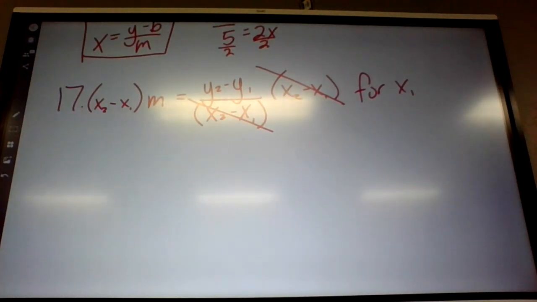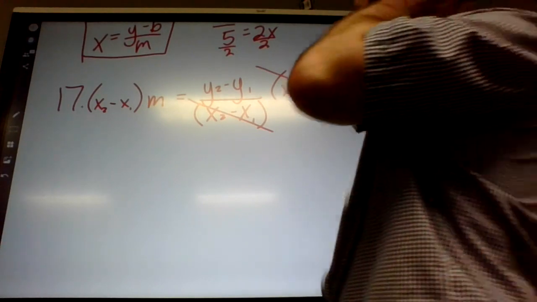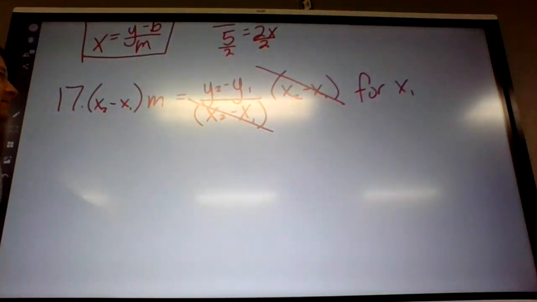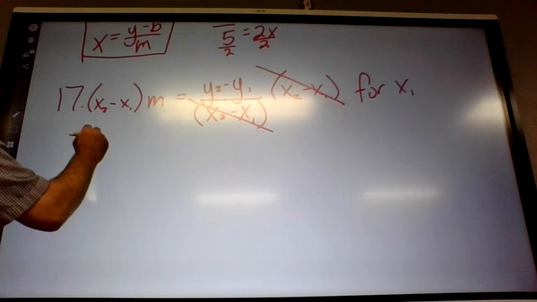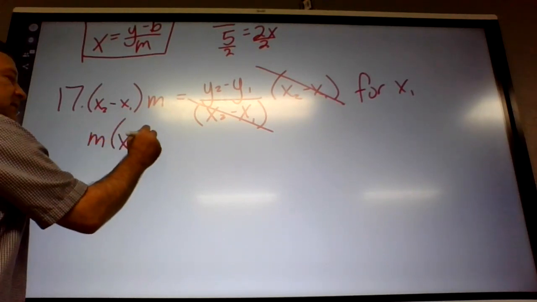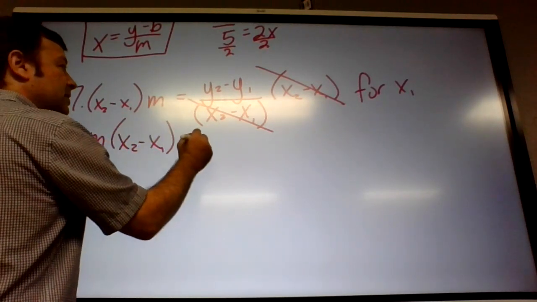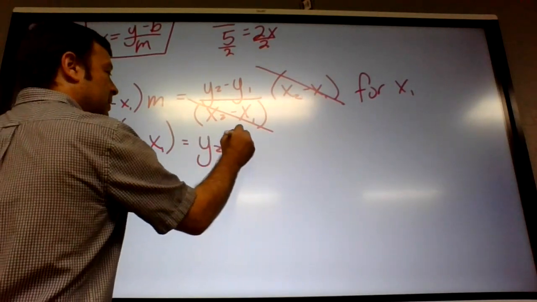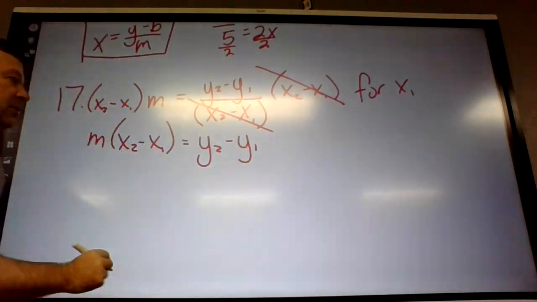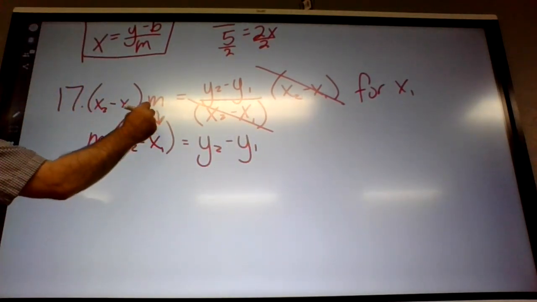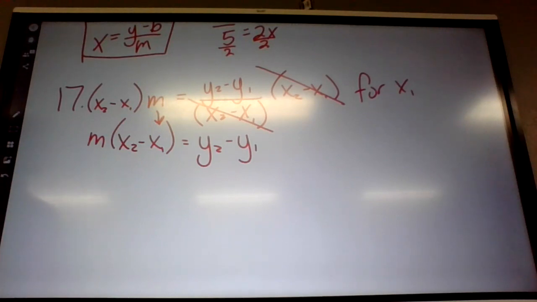That gets x2 minus x1 off the denominator, which is what we want. Don't stress out about this one. So I have m times x2 minus x1, what? Anybody want to guess? I'm trying to get this by itself. Anybody want to guess what I might do next? Still kind of hard.